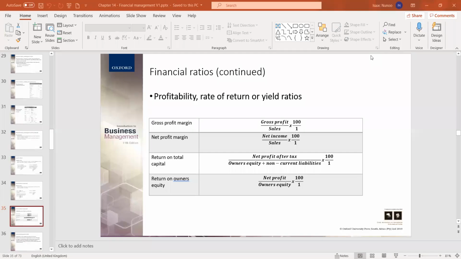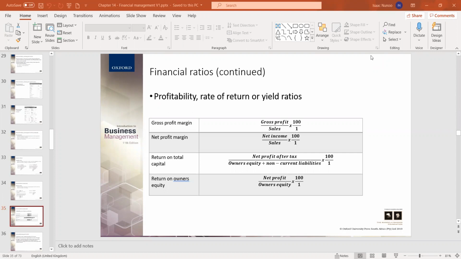Most of the things we are discussing here, we've already discussed them, just trying to give a notation to explain all of these things. Now with the gross profit margin, that is the gross profit over sales times 100. All of these are another form of trying to see the financial strength of a business, with the profitability, the rate of return, and the yields ratio.